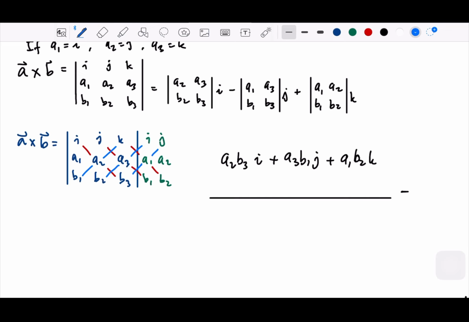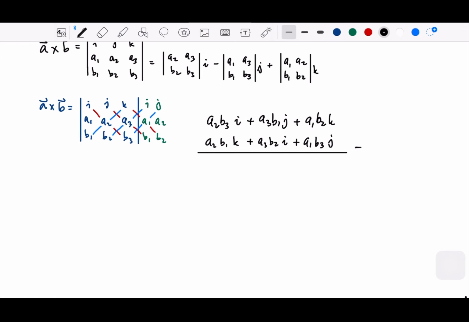So A2 B1 K plus A3 B2 I plus A1 B3 J. So we multiply all together and then we subtract both sides.